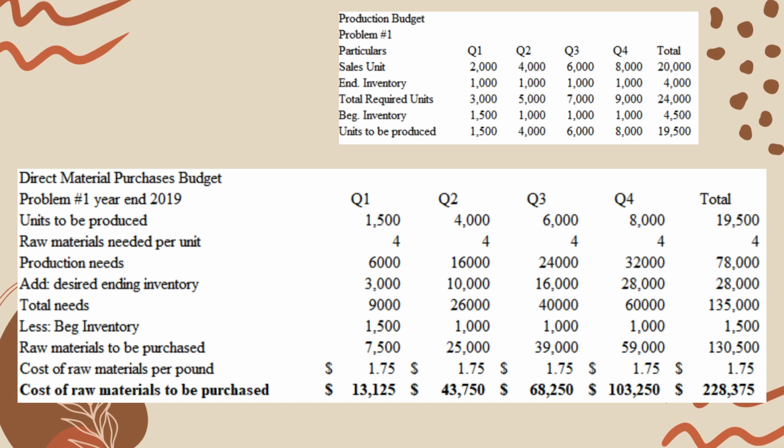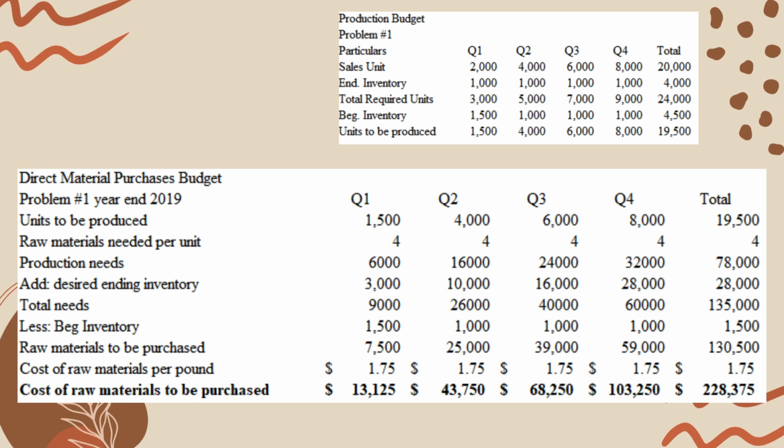So 6,000 plus 3,000 is 9,000, and that is our total needs. After getting the total needs, we subtract the beginning inventory of raw materials, which is also in the production budget. In quarter 1, it's 1,500. So 9,000 minus 1,500 is 7,500.